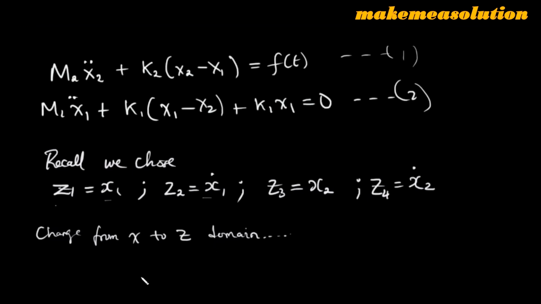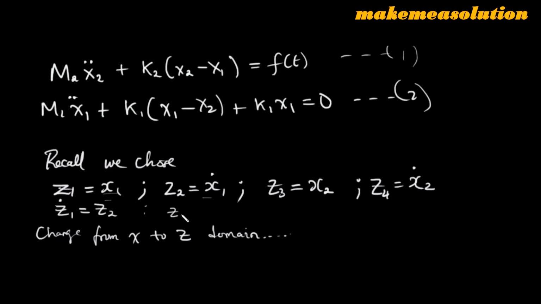This is how you're going to do it, starting with equation 1. Remember, our interest is to find, we already know that z1 dot will be the velocity of the first mass, which is z2 in terms of z.